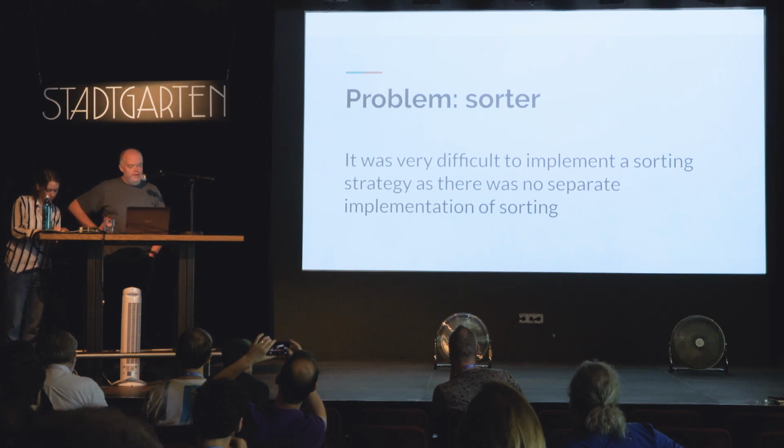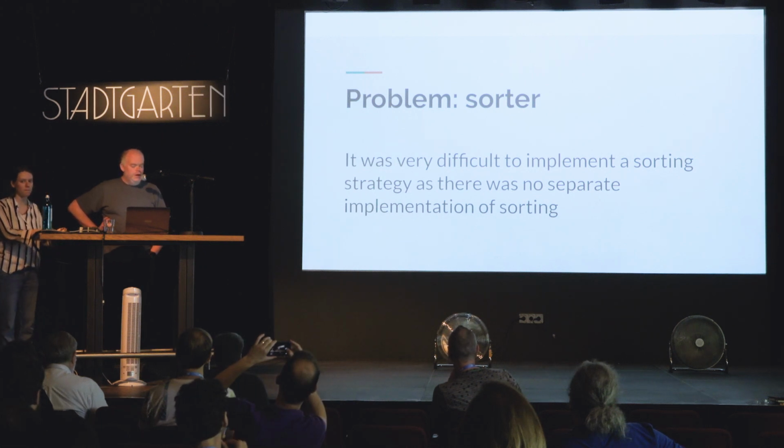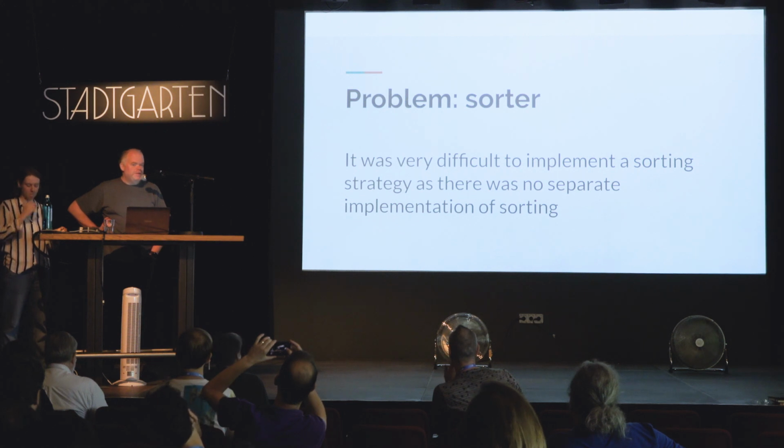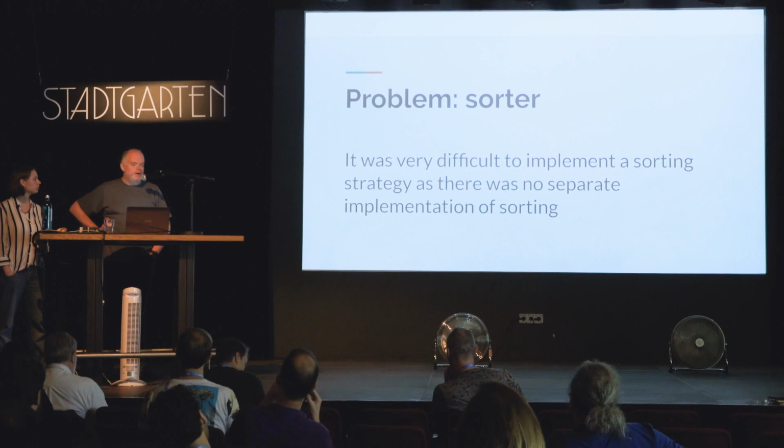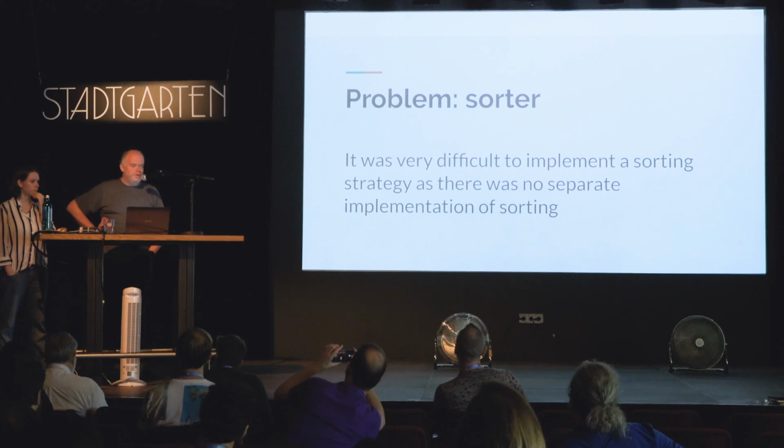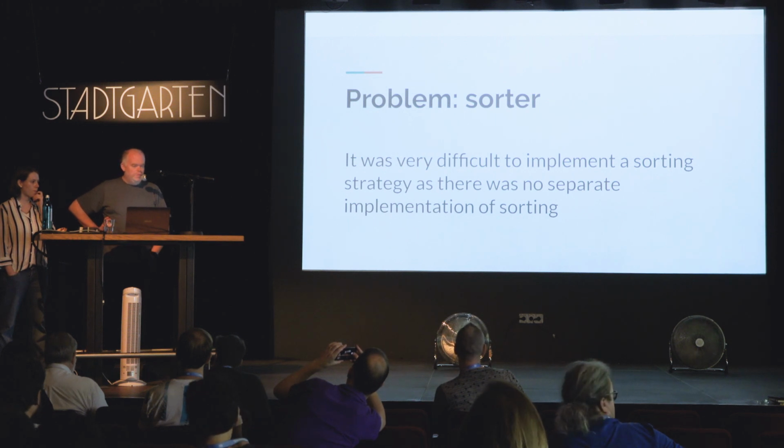So we were thinking that it should not be that complex to implement sorting strategies for the results, because there are lots and lots of ideas that people have to sort. The basic idea behind e-completion is that all the selectors in the methods that you compile should be prioritized. But that's just one idea. There are other ideas, and we wanted to make it easy to plug a sorter into the system.